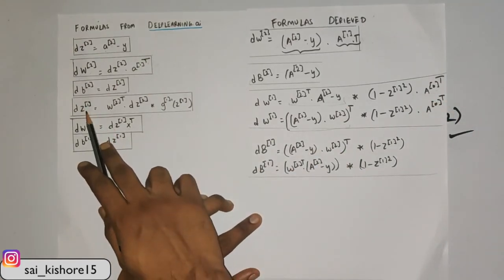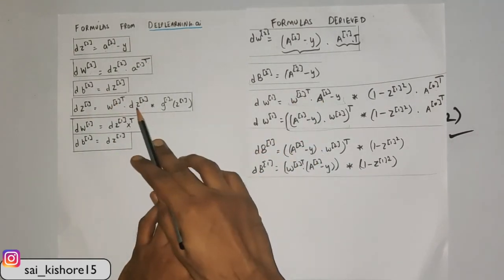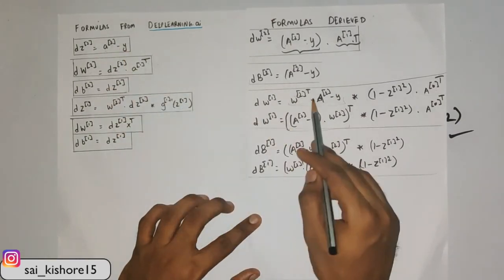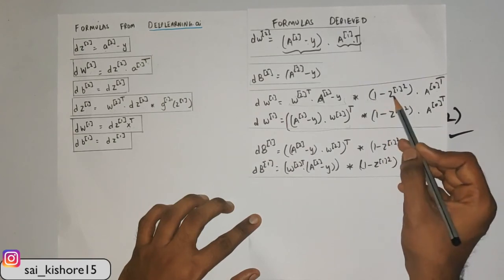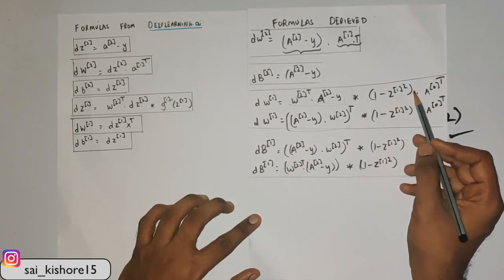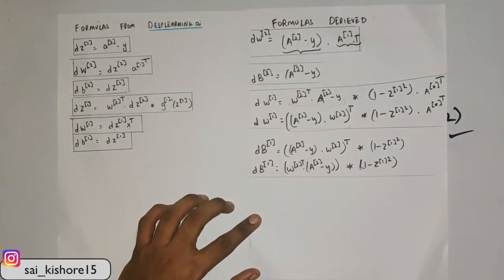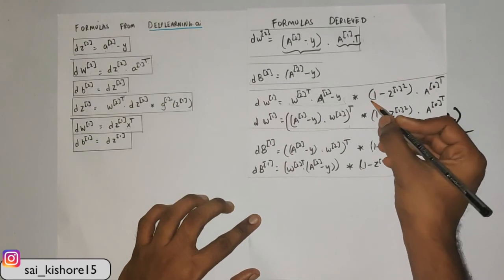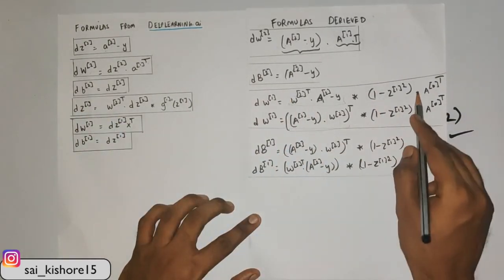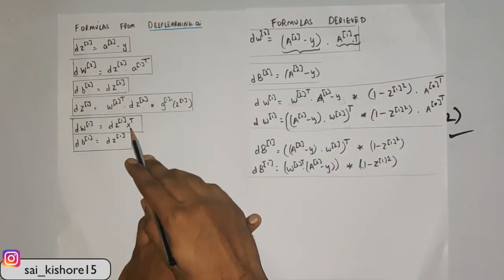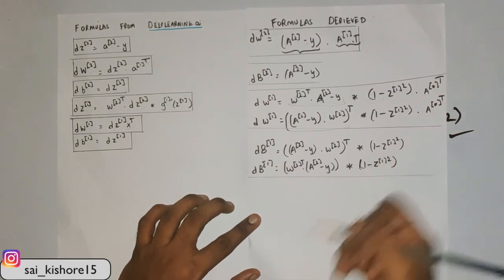If you see dZ1, you have W2 transpose into dZ2. dZ2 is A2 minus Y, element wise multiplication, into 1 minus Z1 square. So this term corresponds to this term. Since our activation function is tanh, the derivative of the tanh function is this. So we got dZ here, and we have A0 transpose here. They have used X. Since we have used X to be equal to A0, we have A0 transpose.